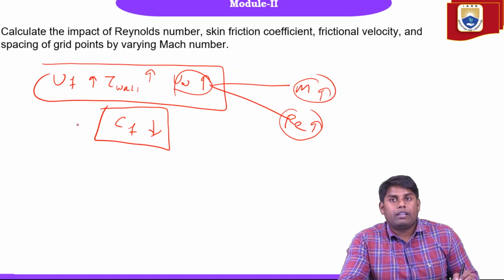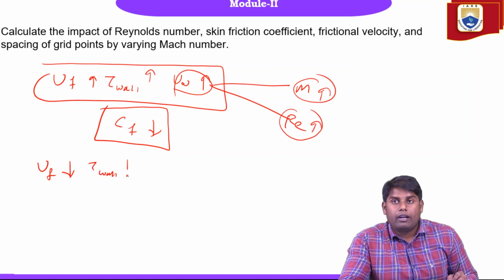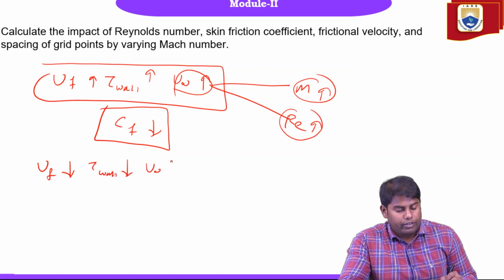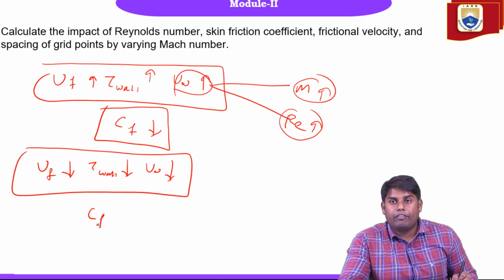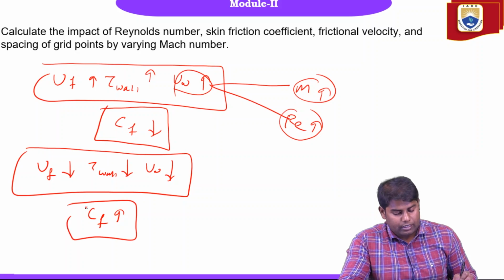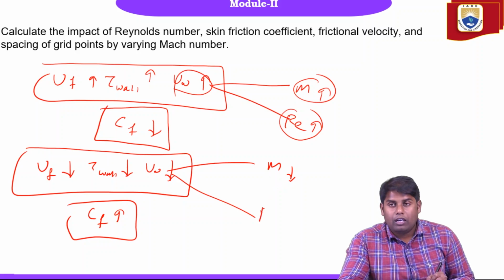Now what is the reverse trend? The UF value decreases, tau of wall decreases, U infinity decreases. So in turn the CF value increases, and from here the Mach number value decreases, and the Reynolds number value decreases.